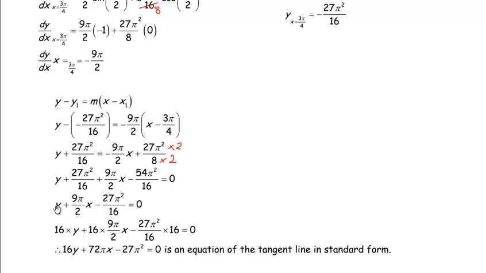So if I multiply the y by 16, this by 16, and that term as well, 16 times y is 16y, and then I can actually do this. So 2 goes into 16 8 times, and so 8 times the 9 pi is 72 pi x, and then the 16s divide out, so I get negative 27 pi squared. So that's an equation in standard form.